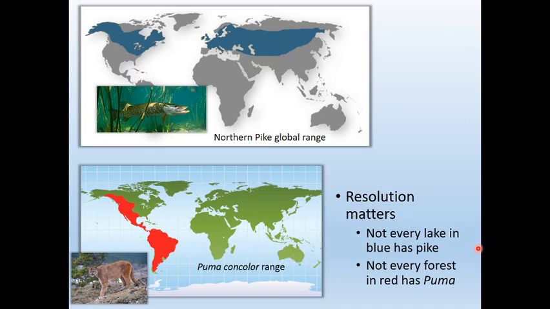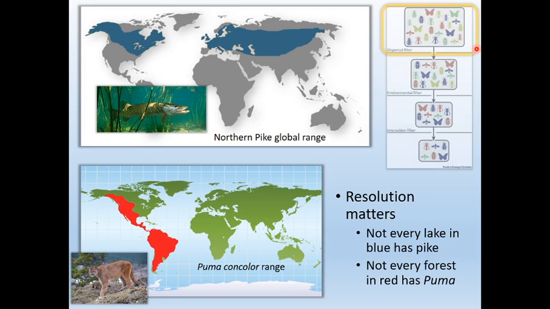So, this is like a large-scale map of where the species can exist, but that doesn't necessarily mean a given lake right here in the middle of Russia actually has northern pike in it, right? And that's at some of the lower level things that we'll see start to take effect.